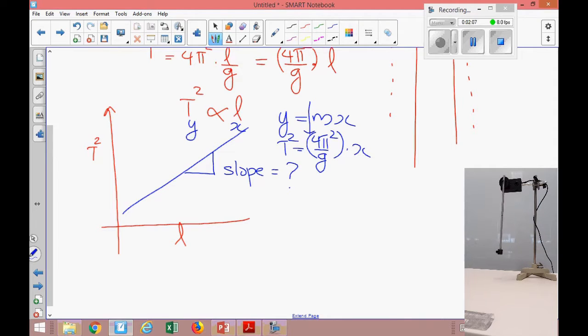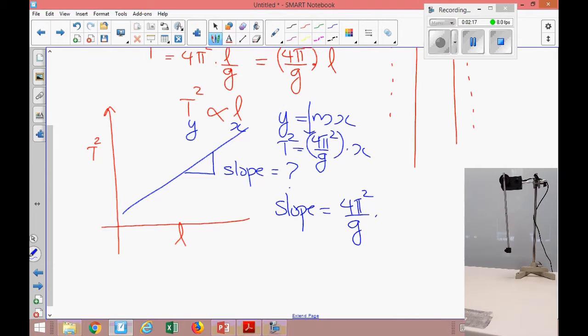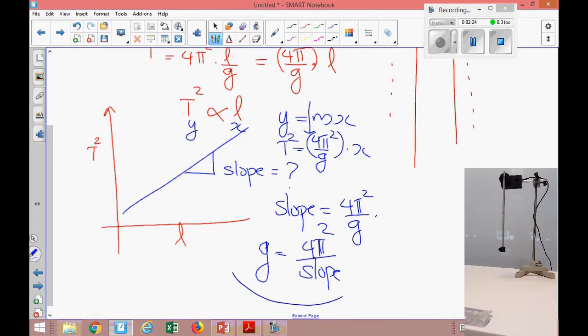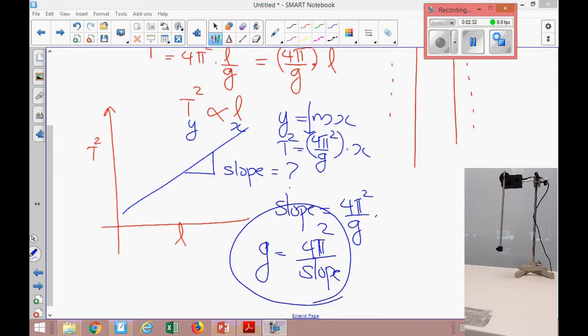So look at the slope. The slope is 4 pi squared divided by g. Here comes our answer. What is g experimental then? g is 4 pi squared divided by the slope. Am I right? So now you are able to find g experimentally. That's all about our experiment, and we are going to do it now.